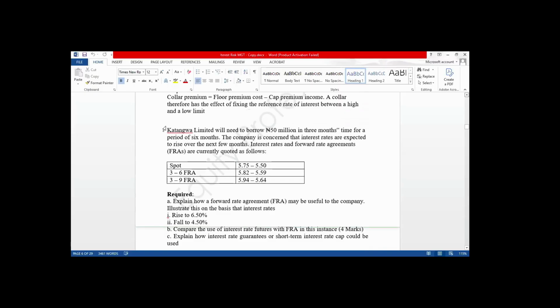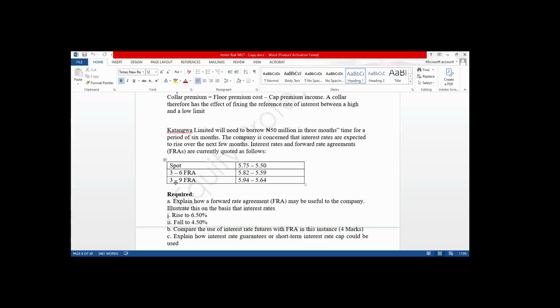Which of the FRA are we going to use, 3 to 6 or 3 to 9? Any opinion from the students? 3 to 9. Thank you. The appropriate FRA is 3 to 9. That's correct.